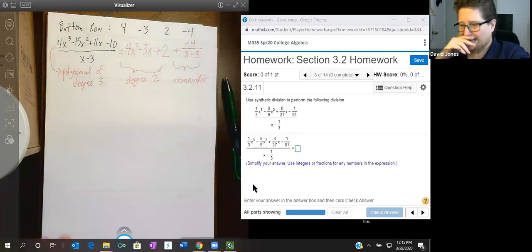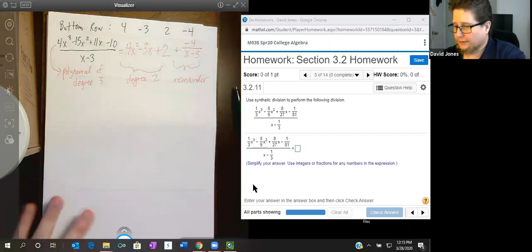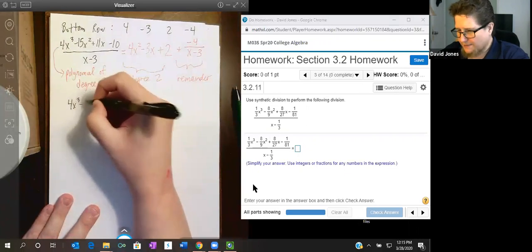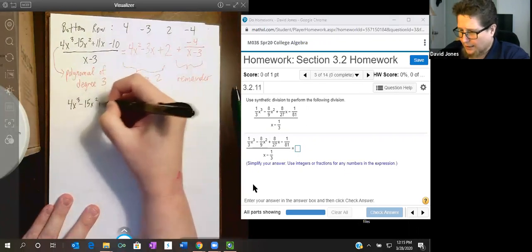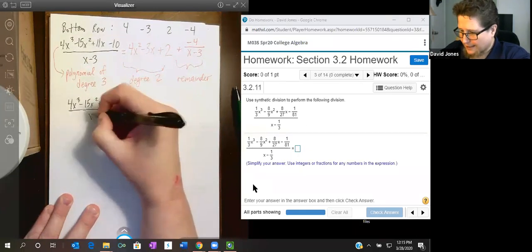And you know what's kind of neat? You can check your work, find out. Check this out. So let me rewrite that. I've got 4x cubed minus 15x squared plus 11x minus 10 over x minus 3.